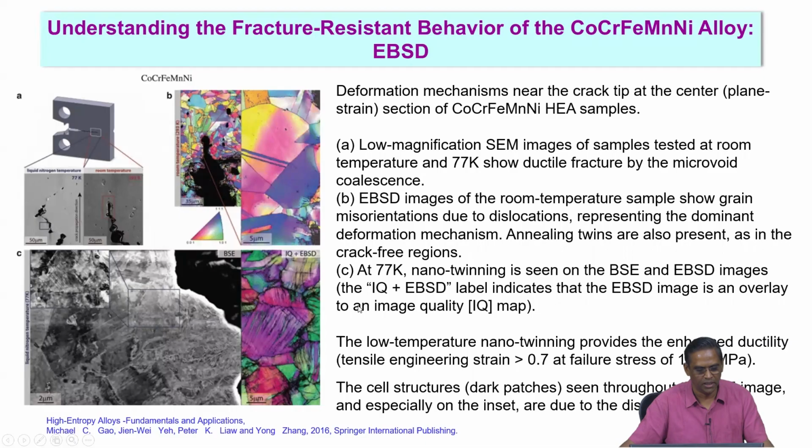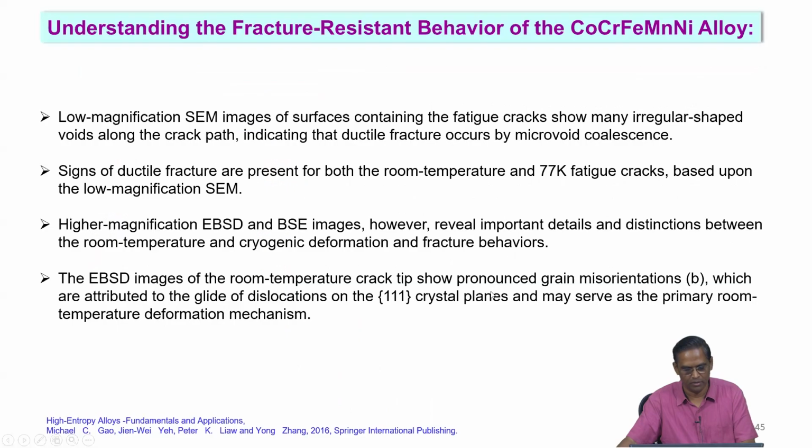So you will be able to see what kind of dislocation activity happens, or where the deformation occurs. Most of the regions zoomed here are close to 111 type misorientation.